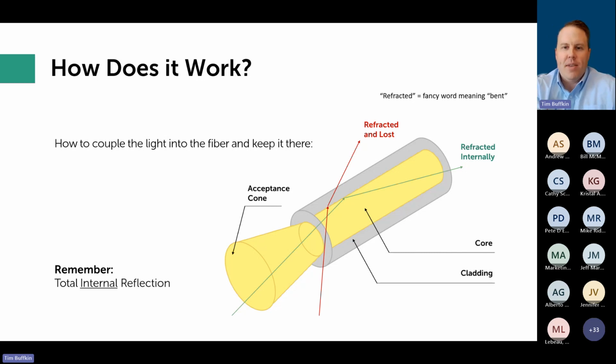So from there, as the light coming in from the acceptance cone hits the cladding, some of it is going to refract out of the fiber, and that's light that you're going to lose. But most of it is going to be refracted internally and continue down the line.